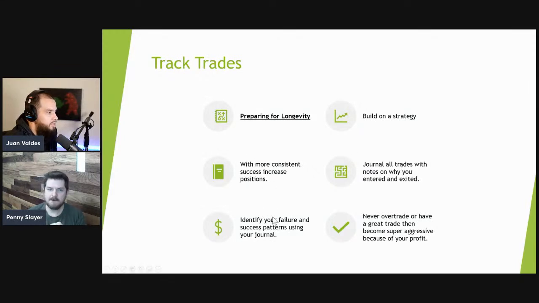Identify your failure and success patterns using your journal. Again, that's important. Out of all the trades, I started narrowing down a couple of patterns, and I noticed that pre-market breakouts and ABCD patterns were my biggest comfort level. For some reason, anytime I saw those patterns, I was able to identify them.